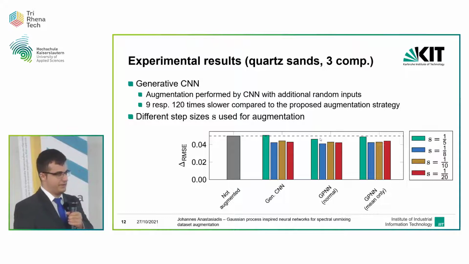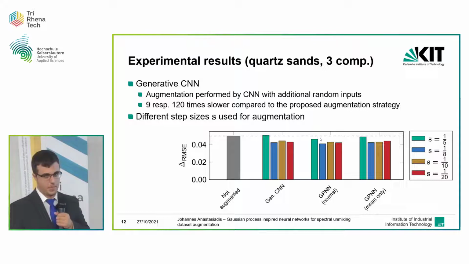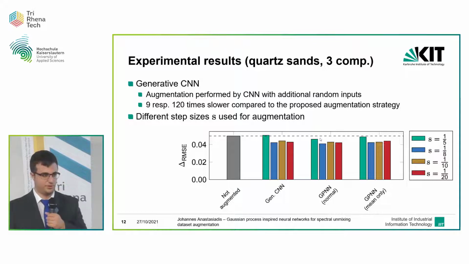And here the colors denote the step size of the augmentation. This means if it's, for example, 0.2, every possible combination with steps of 0.2 is added to the original data set.